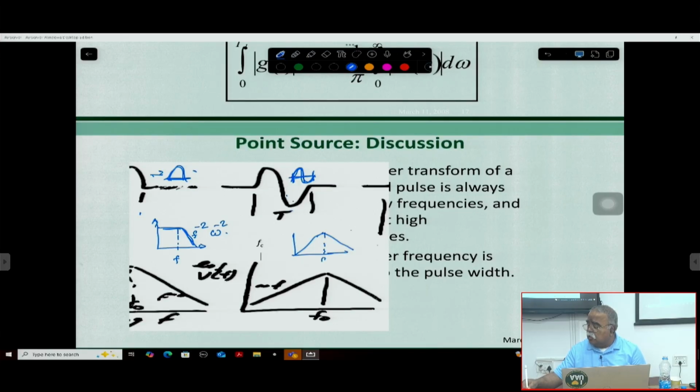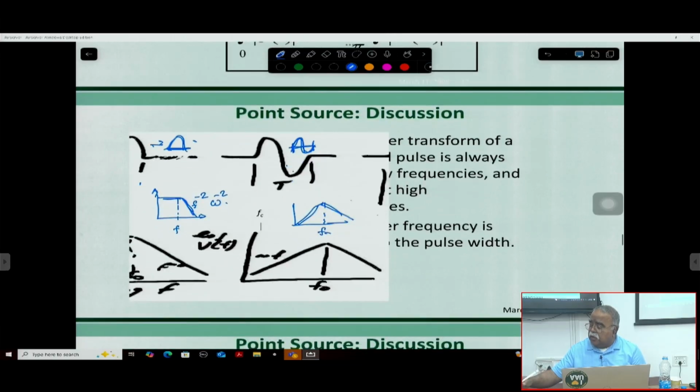So this is your corner frequency in that case, right? And if you see your acceleration pulse, it will be like this. And if it is in the time domain, then you can calculate this time, and then this will be like this.